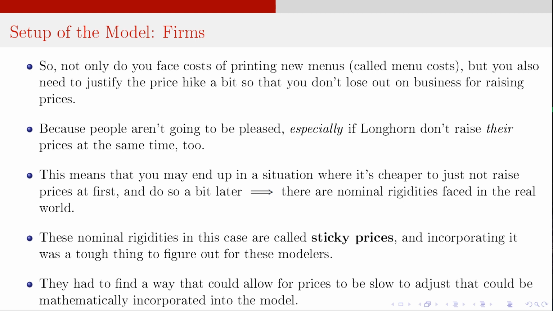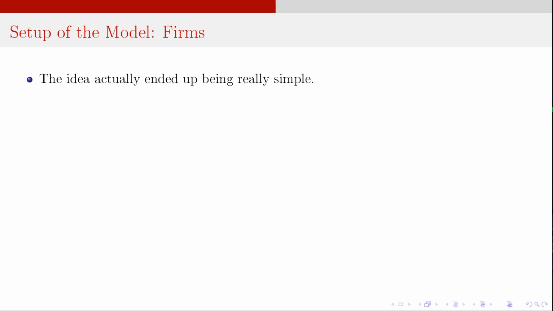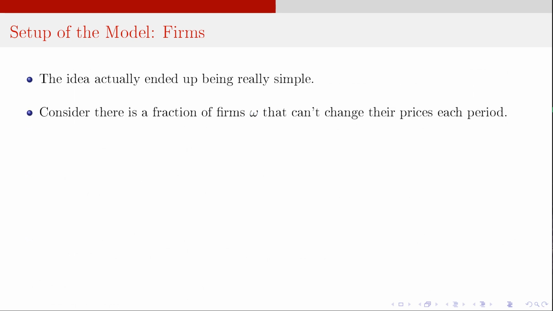And the only way we can test the model is by going out and gathering data and running all sorts of statistical analysis, which means we need a functional form to actually test. And part of that functional form needs to be a parameter that allows for prices to be slow to adjust that's included in the model. So how do we do that? Well, the idea actually ended up being pretty simple.